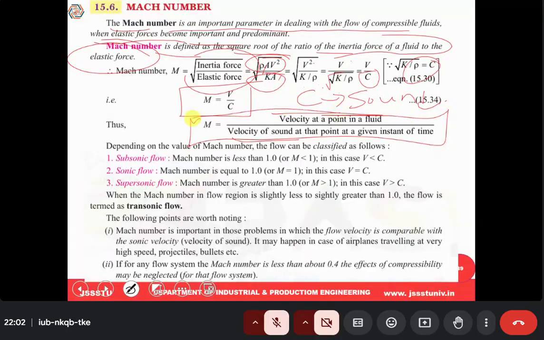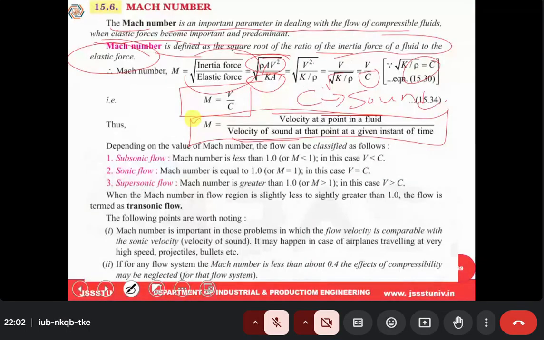Mach number means the velocity of the fluid with respect to the velocity of the sound. So this ratio will give the Mach number.